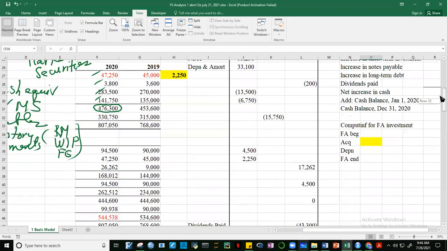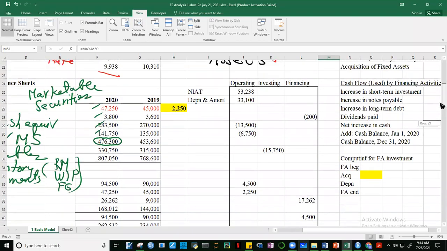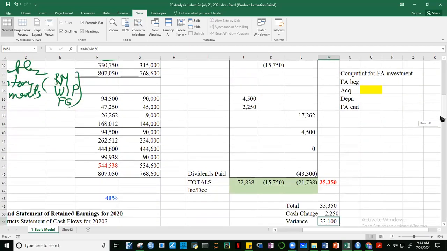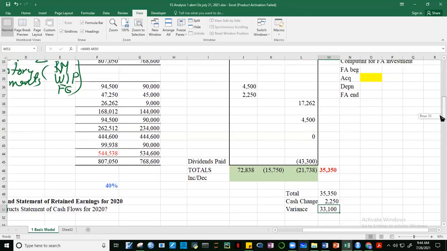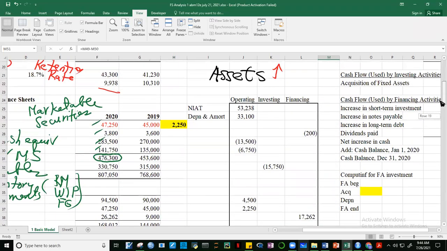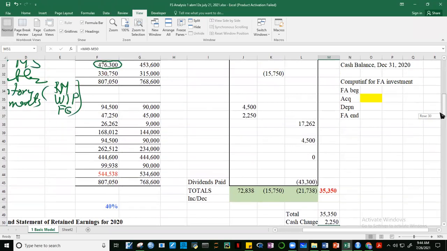All answers are pretty much very much appreciated. Okay, so may kulang pa tayo, guys. Itong 33,100. Paano kaya yun? Any idea, guys? Ano kaya itong 33,100 na to? Any suggestions, guys? Meron ba similar dito? Wala ba kayo nakikita ang medyo similar sa ano?